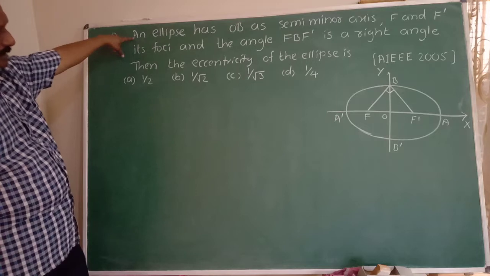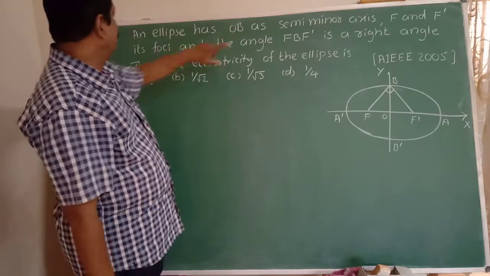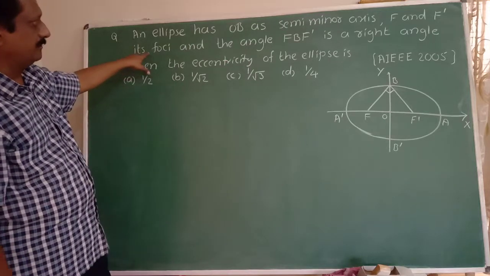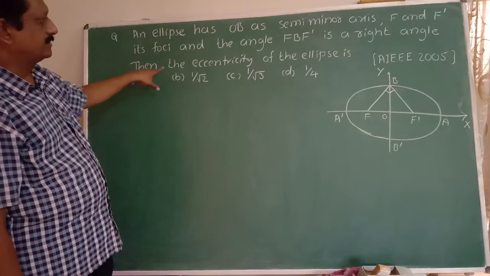Example: an ellipse has OB as a semi-minor axis. F and F dash are the foci, and the angle FBF dash is a right angle. Then what is the eccentricity of the ellipse?